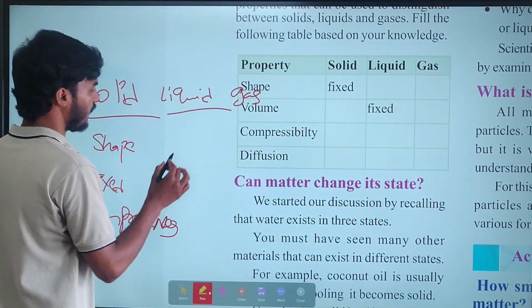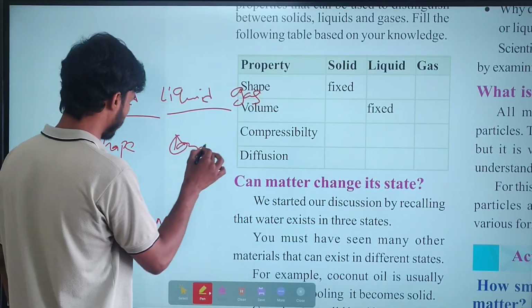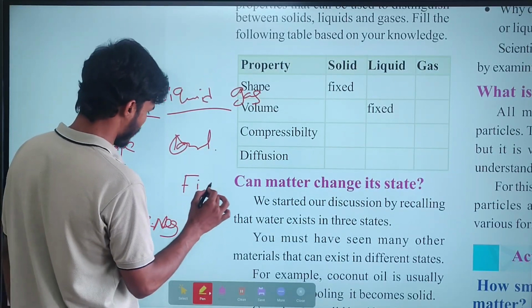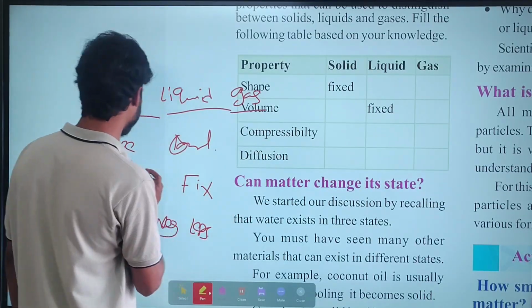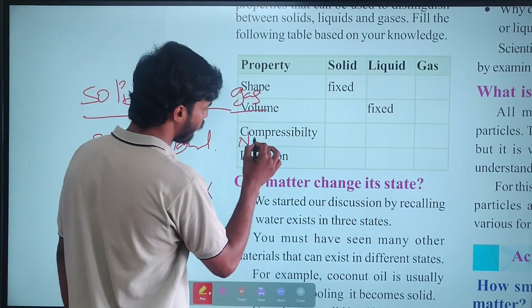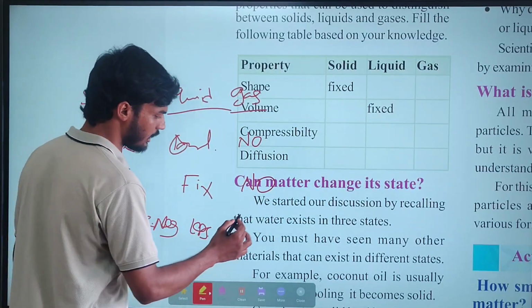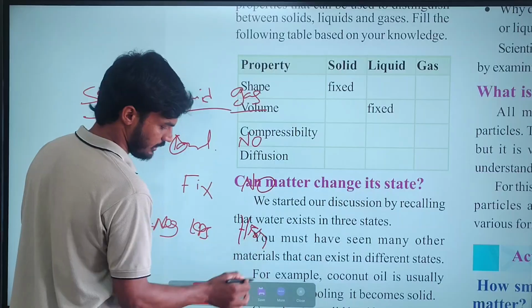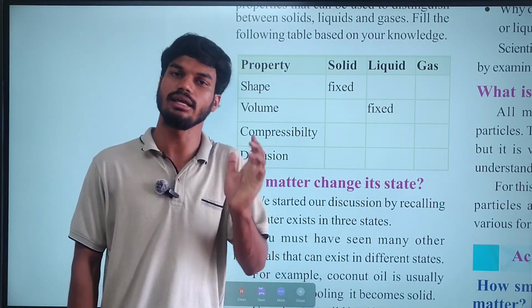In the liquid, the shape depends upon the container. It has fixed volume and less compressibility. Coming to gases, they have no fixed shape, no fixed volume, and compressibility is higher. These are the major differences between solid, liquid and gases.